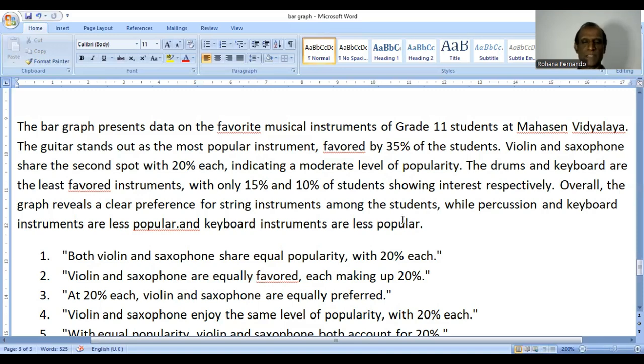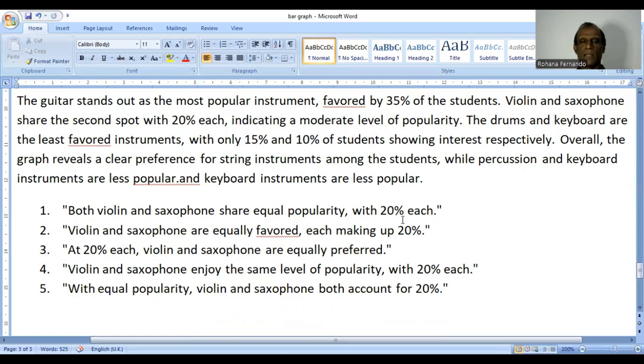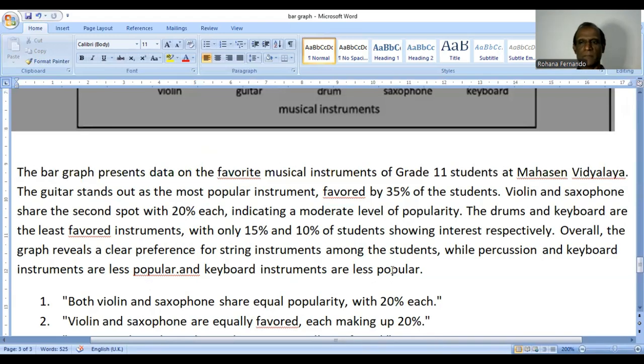Number five, with equal popularity, violin and saxophone both account for 20%. Account for 20%. Another word you can learn here.